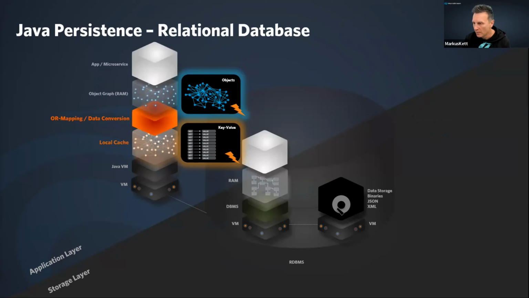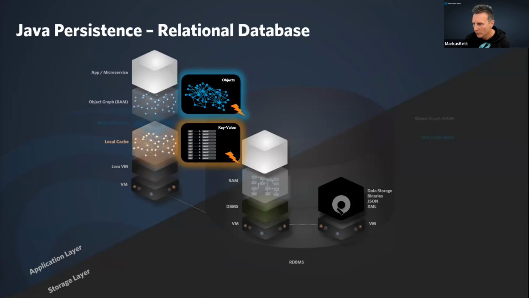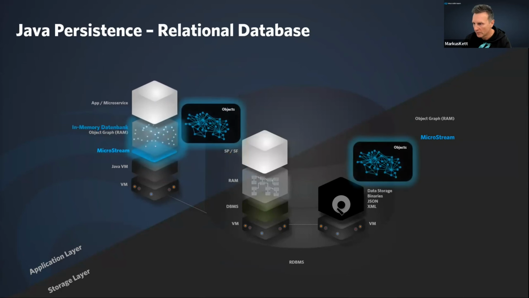Now we replace the data converting or the object relational mapping with MicroStream. Then everything is in memory because our object graph is our in-memory database. We don't need the local cache anymore, so we can remove it from our architecture. The architecture gets much more simple.